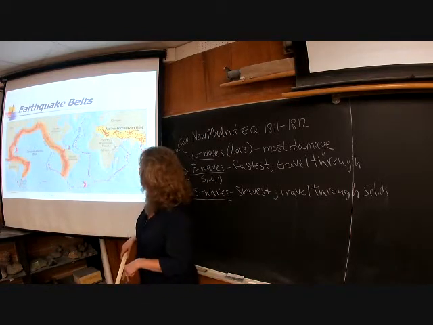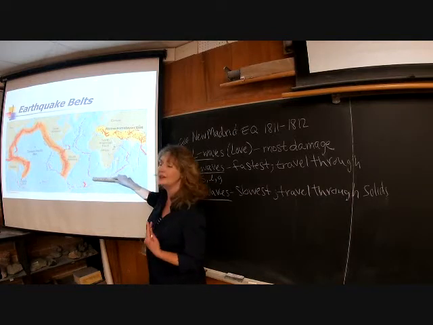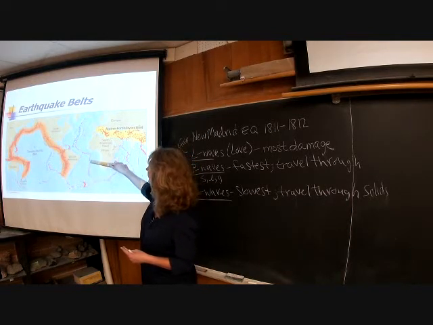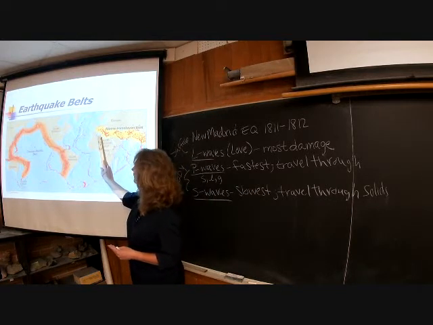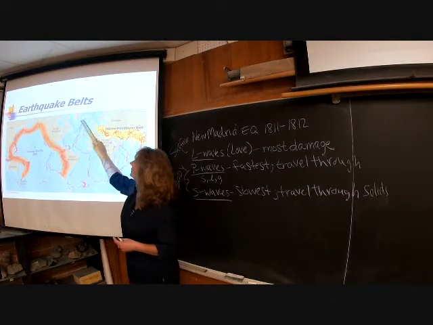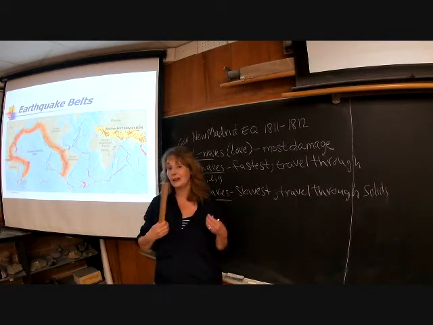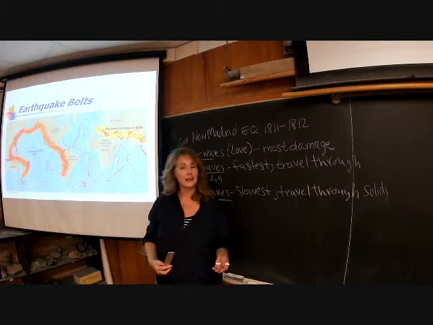Circum-Pacific, they call that. Here's the mid-Atlantic ridge, right along the Atlantic Ocean, with North America, South America, and Africa over here. All along the mid-Atlantic ridge, the divergent plate boundary, we're getting seismic activity.